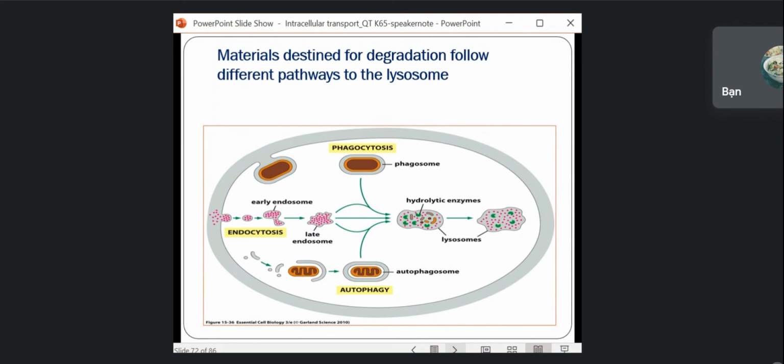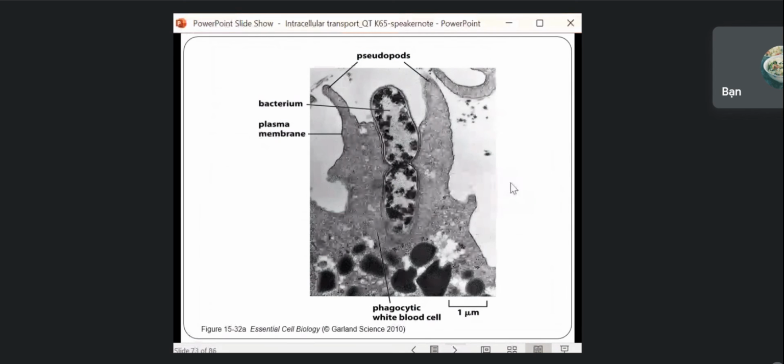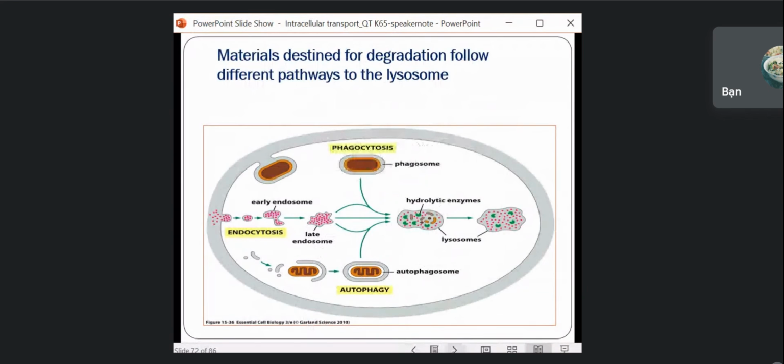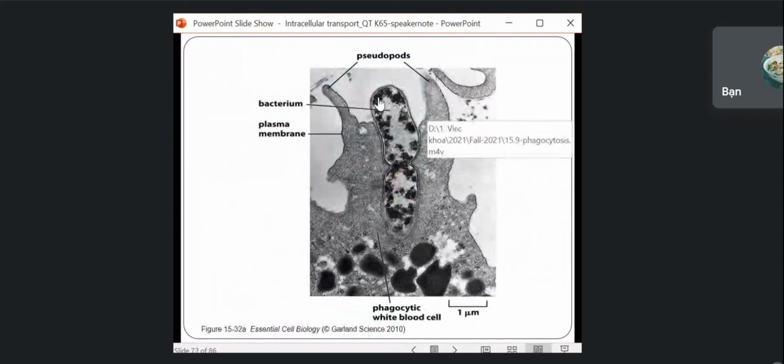Here is an image illustrating phagocytosis. Okay, so this process is one example of phagocytosis. This is a bacterium, and it is eaten by an immune cell.